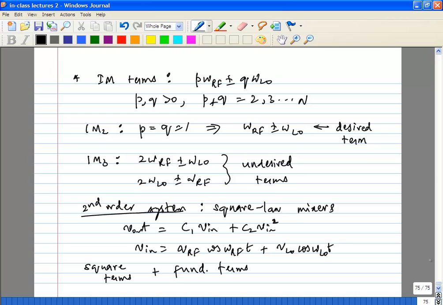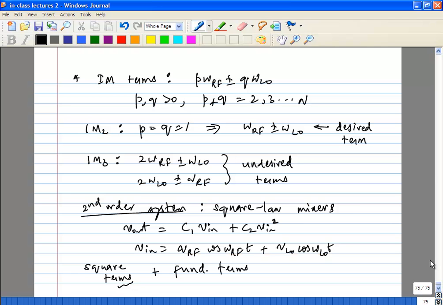Those are just your LO and RF feedthrough to the output. The square terms give you three terms. You're basically going to do Vn squared, so it's going to give you Vrf cos omega RF t the whole squared, plus VLO cos omega LO t the whole squared. Those are the square terms, and those will give you a DC term and a second harmonic term.